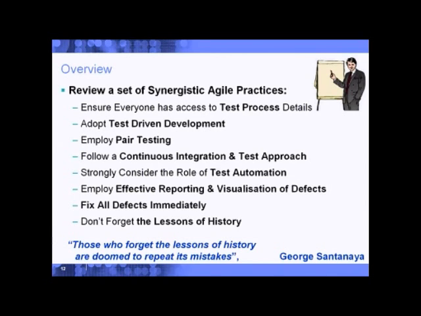It would be impossible to cover the 50-odd plus practices in more than a couple of presentations probably. But the key things about these is that they are pragmatic, practical, they're usable, they can be applied on your own projects, and quite importantly as well, we've called them synergistic Agile practices, if that's actually a word. These can be combined together to give more value than each of them on their own.